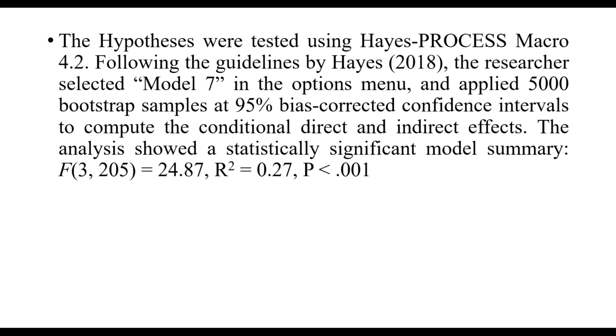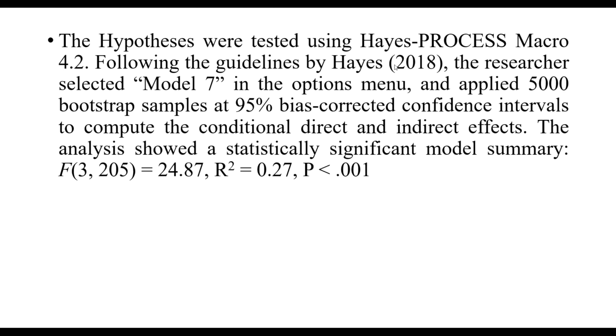So the first one is that I started by explaining the analysis conducted, how it was conducted, and the model summary. And it reads, the hypotheses were tested using ProcessMacro 4.2. You need to explain the particular instrument you use for testing your hypothesis.